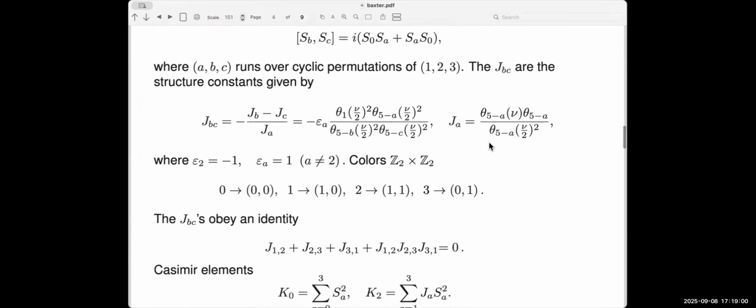The theta functions are defined, so the indices of theta functions are, as usual, modulo 4.